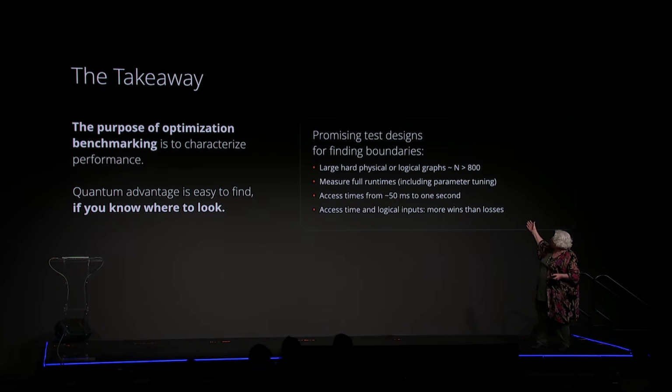And right now, we can see that if you're trying to solve logical problems, measuring access time, which is arguably the most realistic way to measure it, then you need to look at inputs that are larger, close to 1,000 variables or 800 variables. And you need to look at runtimes that are below a second, in the tens of milliseconds range, in order to find it.